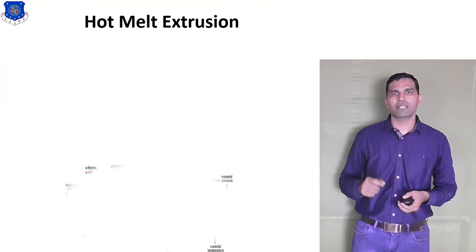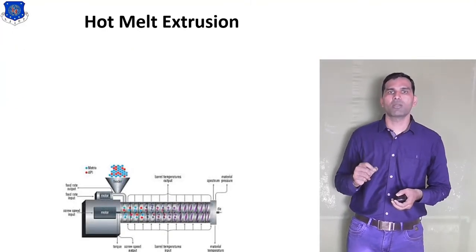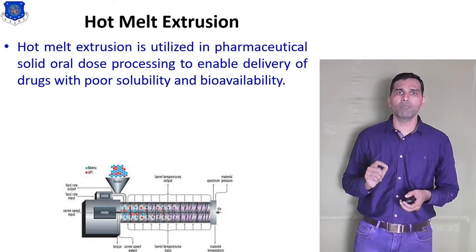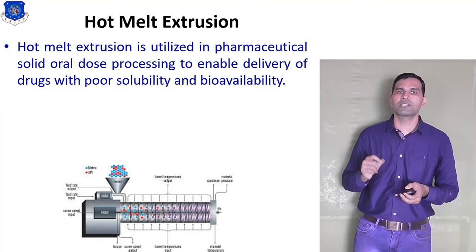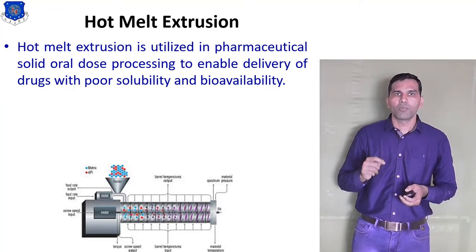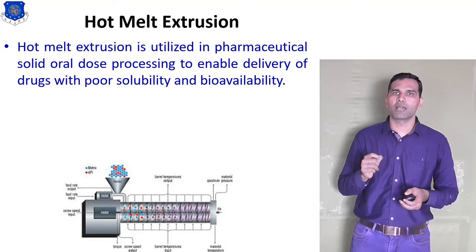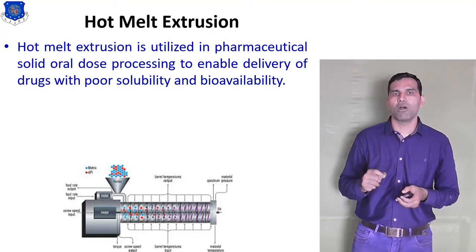Now the last step is hot melt extrusion. Hot melt extrusion is utilized in pharmaceutical solid oral dose processing to enable delivery of drugs with poor solubility and bioavailability.